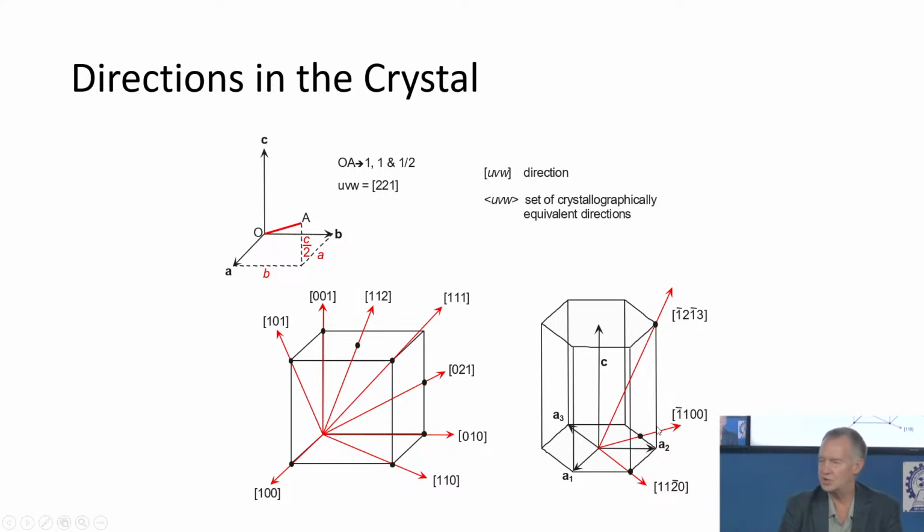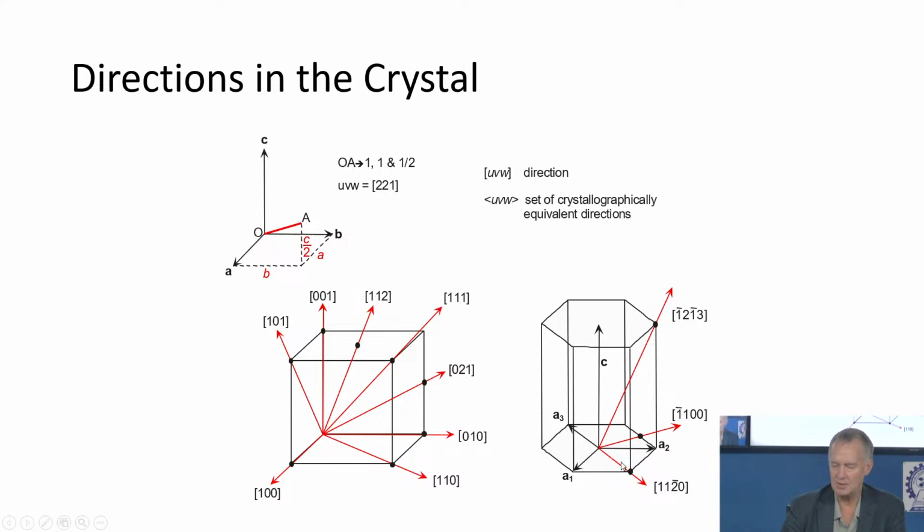If we go to trigonal or hexagonal, we add a 4th redundant value because we use 3 parameters in the plane that are lined up with the obvious directions in the hexagonal coordinate system. Okay?